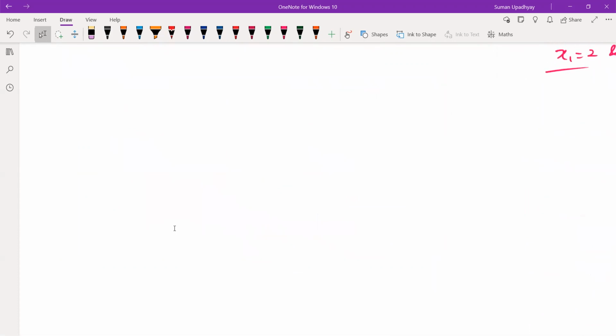Okay, so I'll just start on question number 2. Solve graphically. Then we will take one word problem.